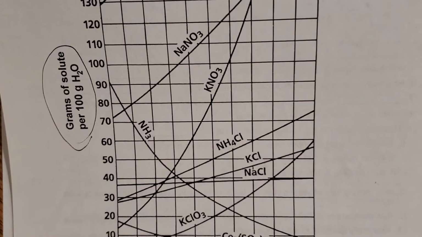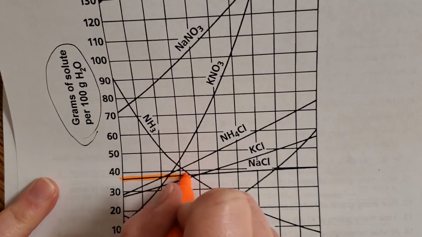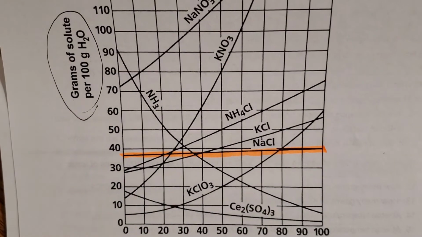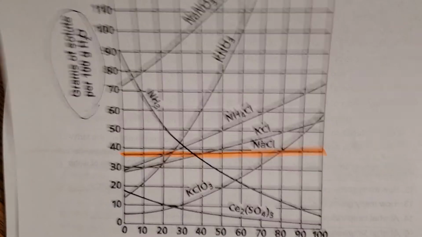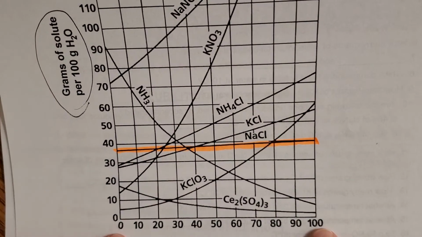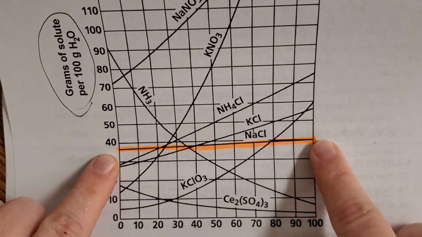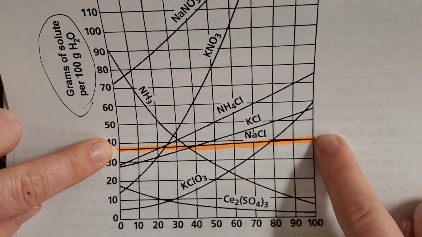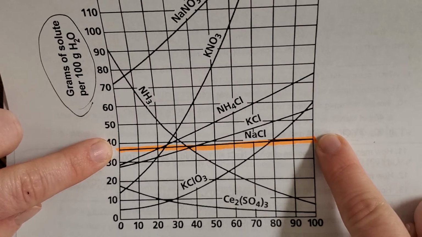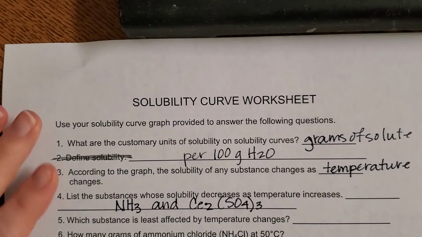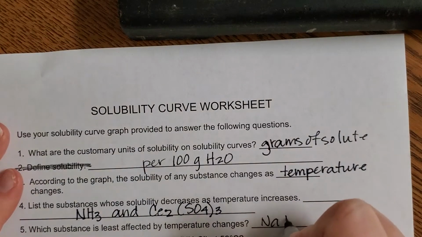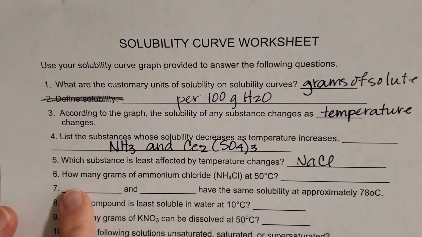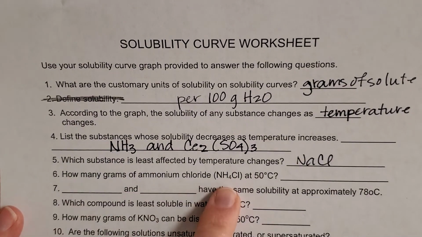Let me highlight that for you because it is really hard to see. Look, it barely changes, right? Whether your water is freezing or boiling, it barely changes, right? It goes up from maybe 37 to 40 grams. So that is the one that appears to be least affected: sodium chloride.